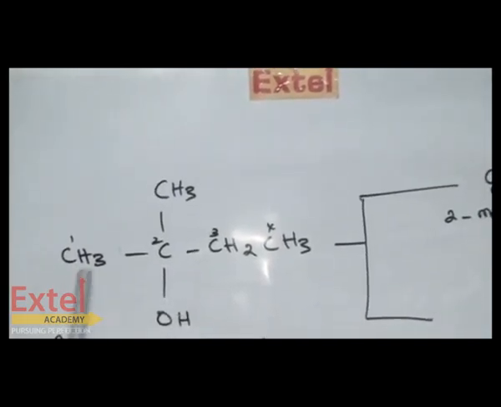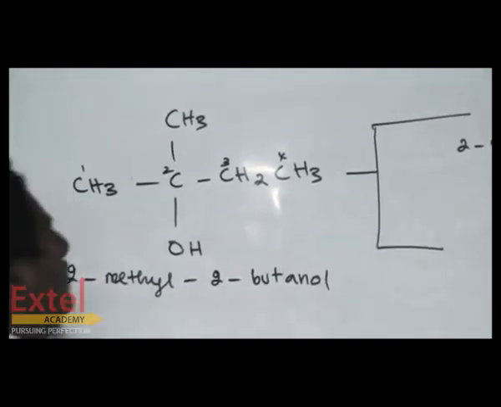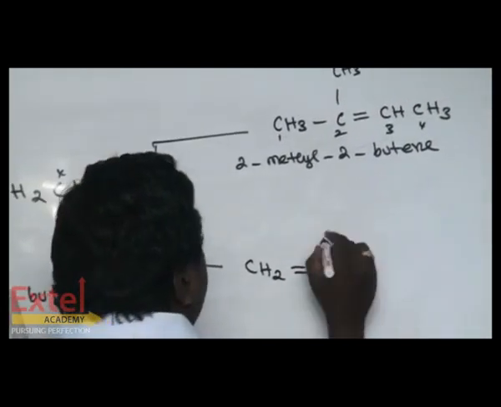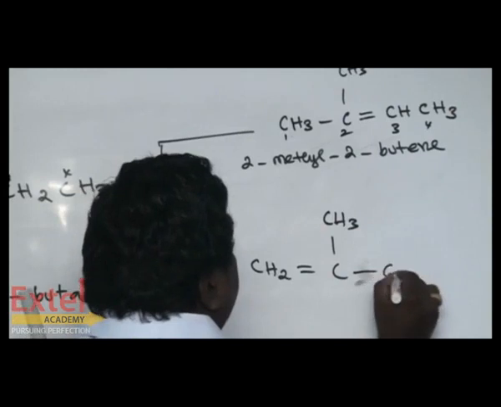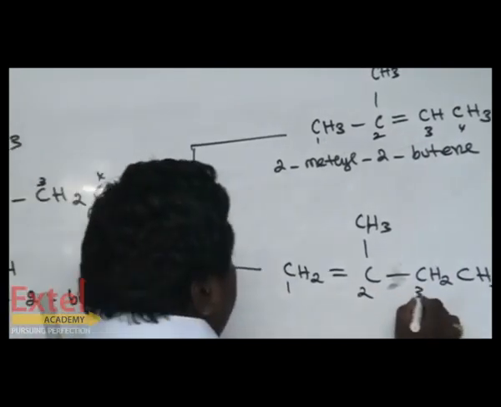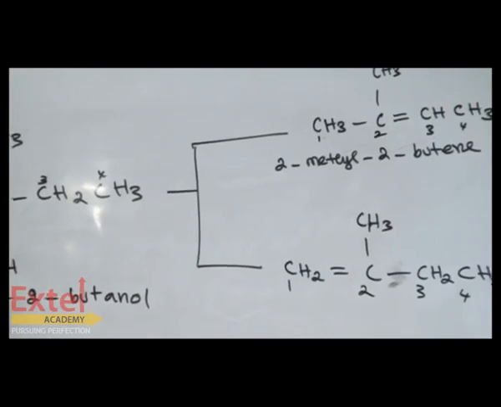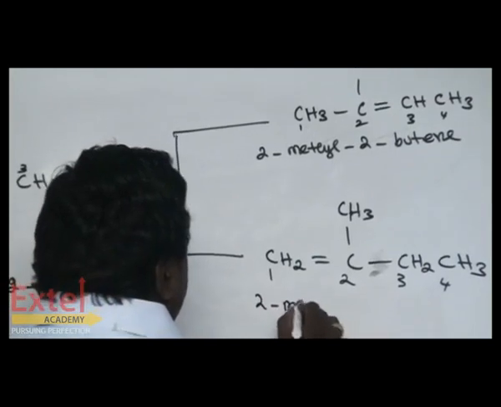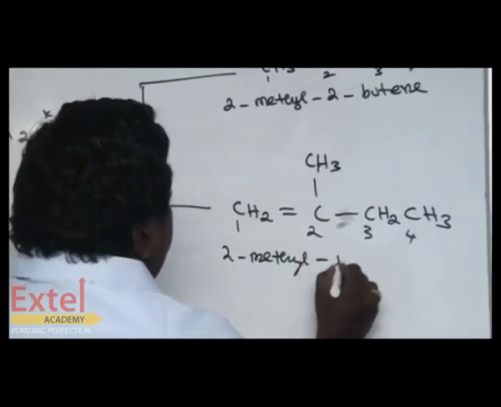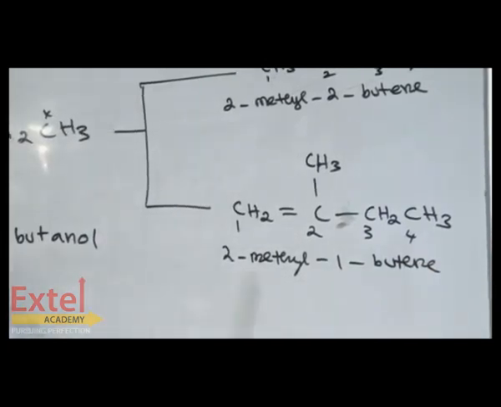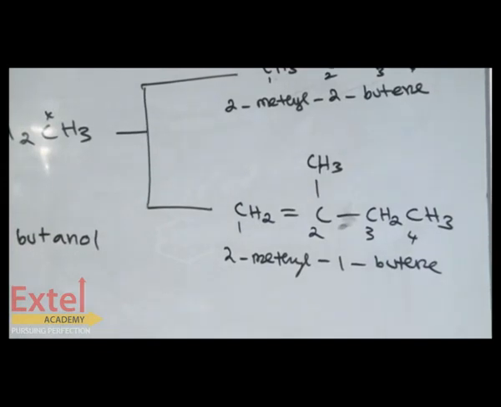OH from here and H from here have been removed. So what will happen? CH2, double bond C, CH3, CH2, CH3. Now counting will be like this. Here also the methyl group is connected with the second carbon. So it is called 2-methyl-1-butene. These are the two examples of parallel reactions.